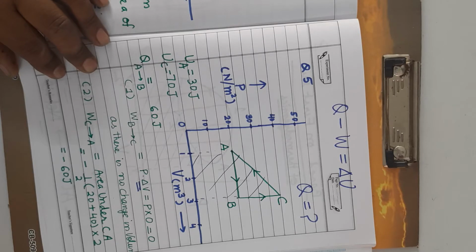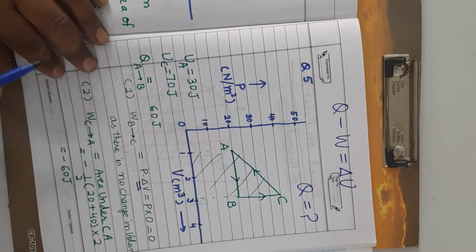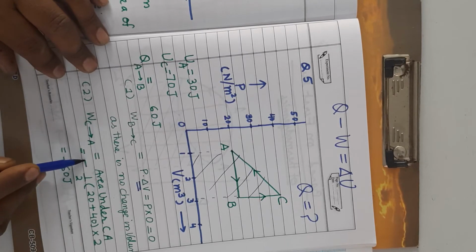And what will be its sign? When it is going from C to A, volume is decreasing from 3 to 1. Volume is decreasing, therefore work is done on the system, and when work is done on the system, it is taken negative. That's why I have put a minus sign here.